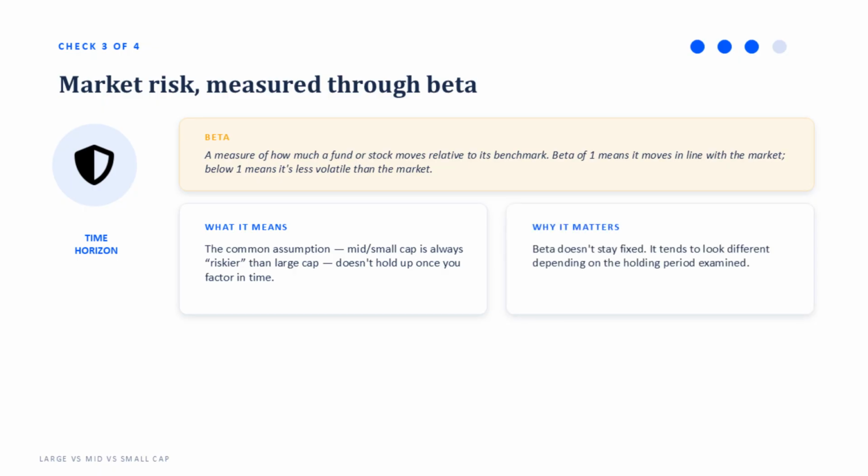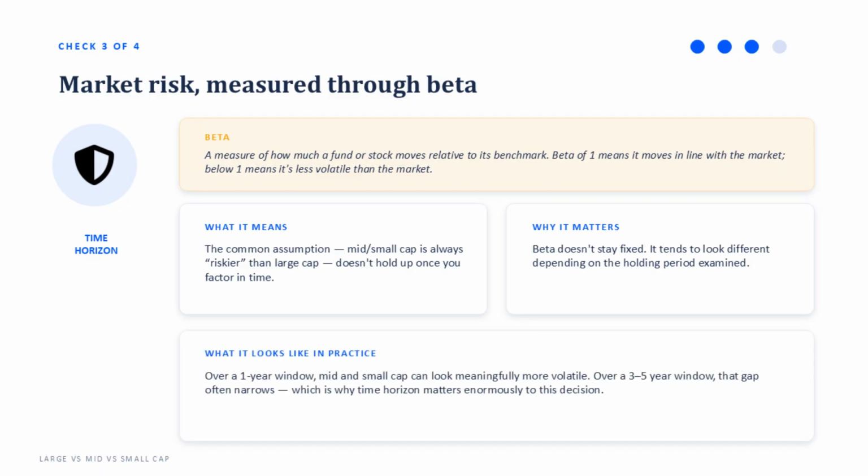It tends to look different depending on the holding period. Over a 1-year window, mid and small cap can look meaningfully more volatile. Stretch that out to a 3 or 5-year window, and the gap often narrows. This is why time horizon matters enormously to this decision. A check that looks scary at one horizon can look far more reasonable at another.